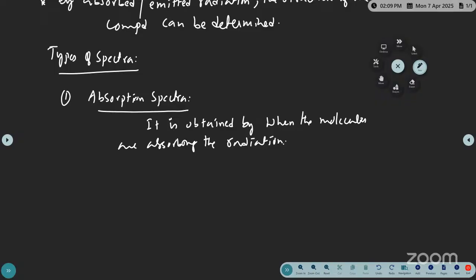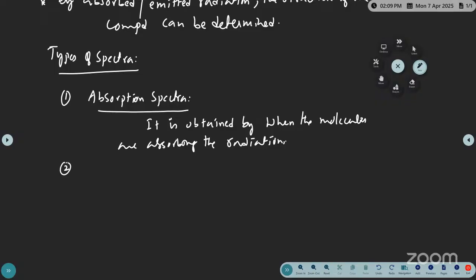So by absorbing the radiation, what happened? The molecules are excited from lower energy level to higher energy level. So by that we can say the absorption spectra is obtained by absorbing the radiation.